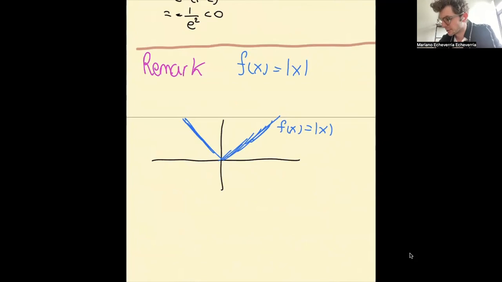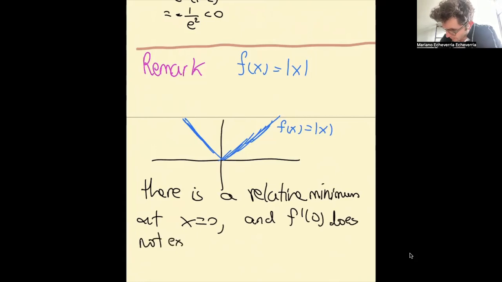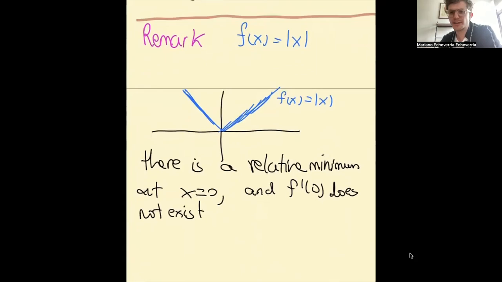So there's a relative minimum at x equals 0, but f prime of 0 does not exist. So this is an example of a critical point where the first derivative is undefined. Is that making sense?